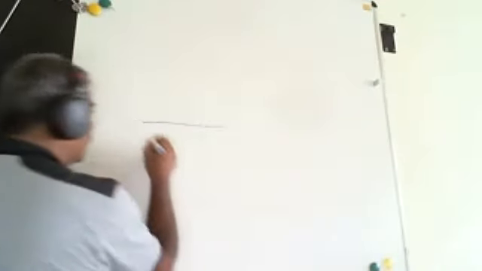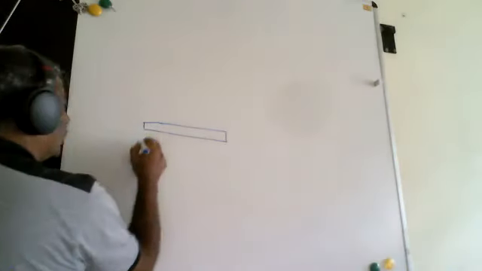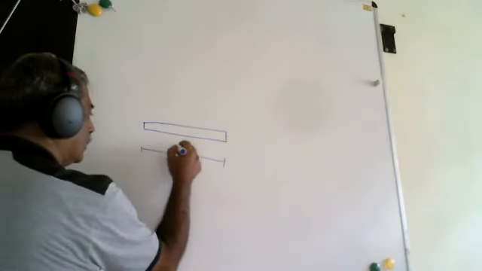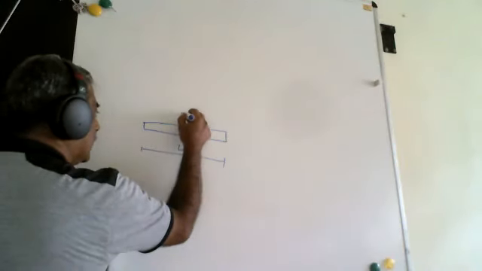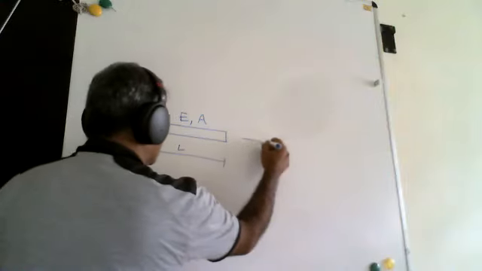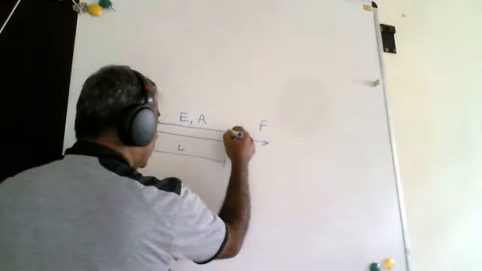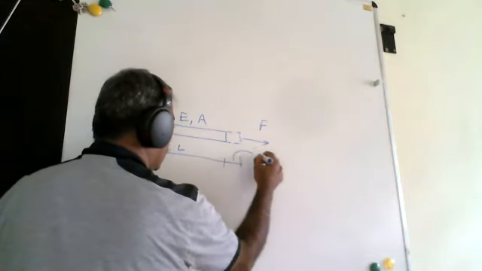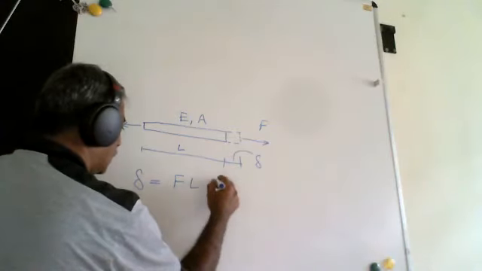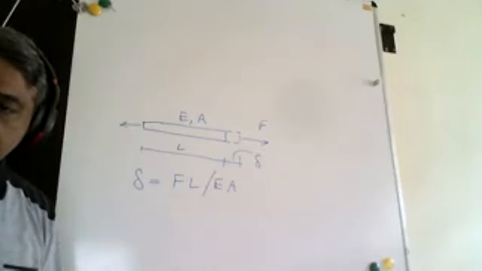We said, okay, if I have a rod of length L, and let's say elastic modulus E and area A, and if I pull this with a force F, it will elongate, let's say by delta, and I have the relationship delta equals FL by EA, correct?